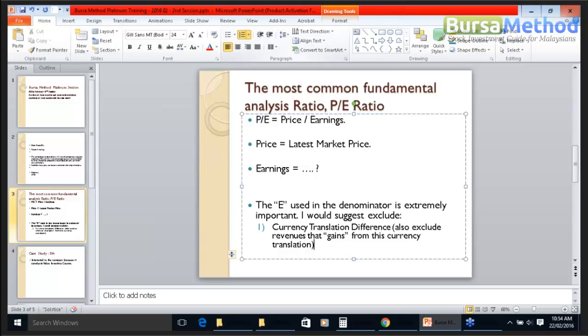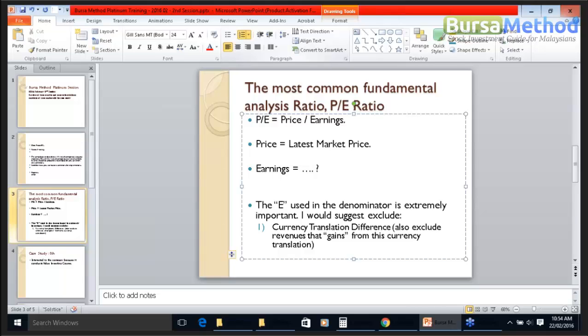In other words, if you see a company that exports something in US dollar, then last year because our ringgit dropped, that revenue shot up a lot, and then a certain percentage becomes profit. So the profit also goes up a lot. You have to understand that this profit is again because of the currency translation. So you want to exclude this kind of earnings gain.